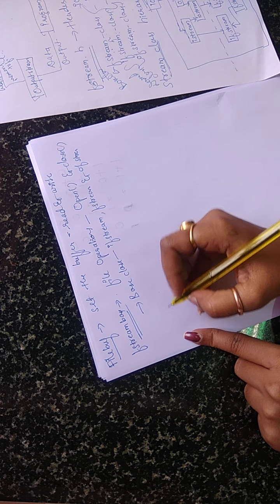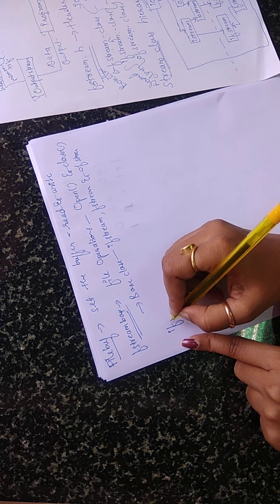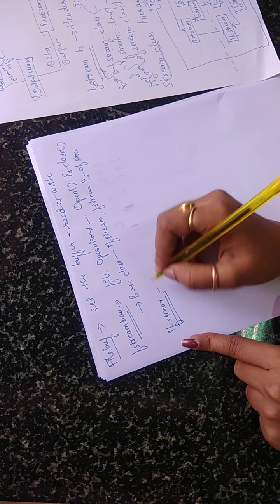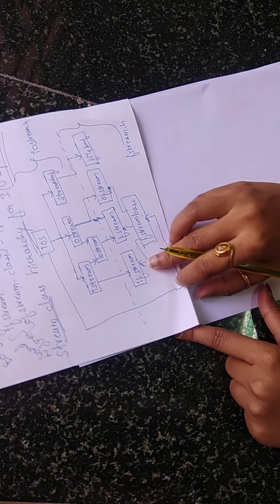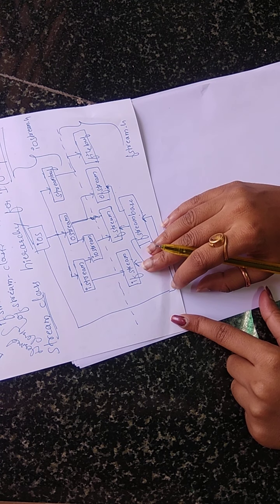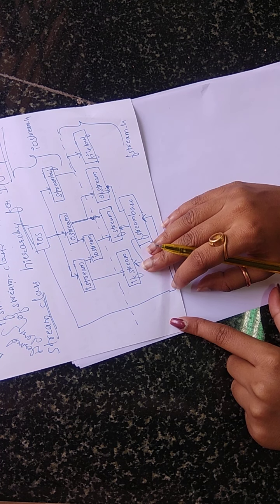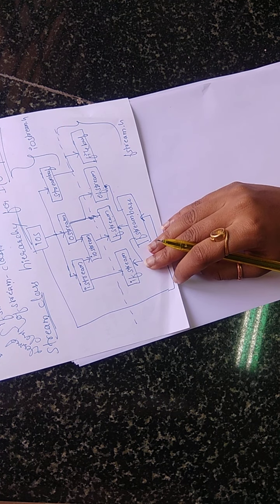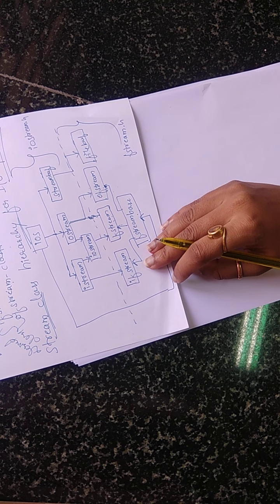Next comes ifstream. Here, ifstream is a stream class to read from your files. It is a stream class which is used to read the data from your files, and it provides the input operations for your file.